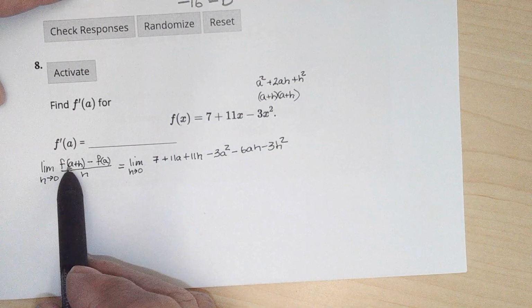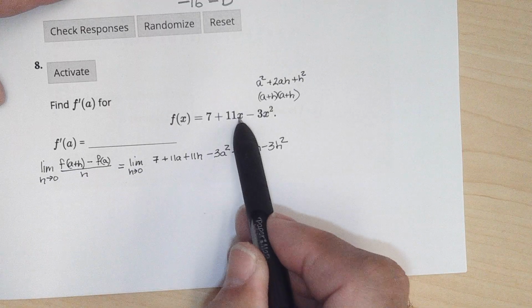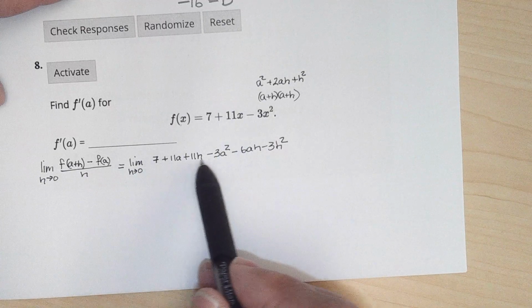So that's f with a plus h put in place of all the x's. That is a lot.